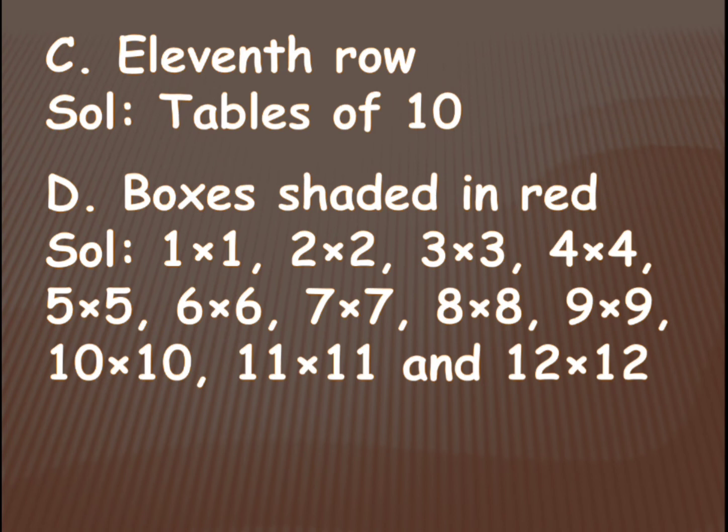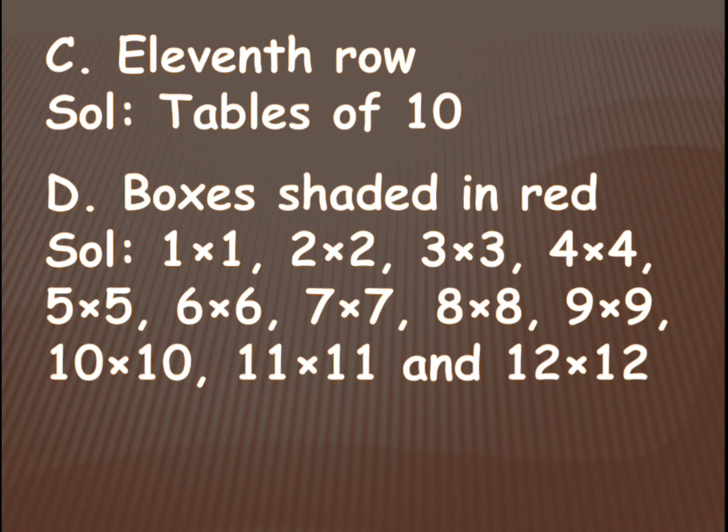Okay, next you have the 11th row, which I have written as 6th C bit. Children, row is the horizontal one and the column is the vertical one. If you see the 11th row, it is the table of 10.